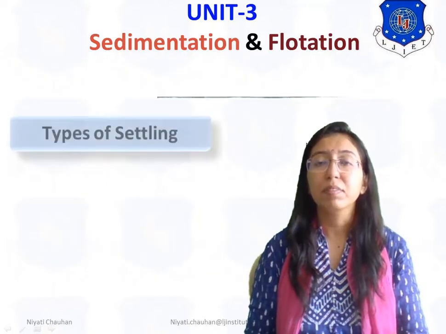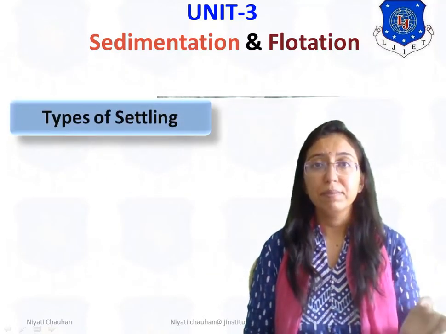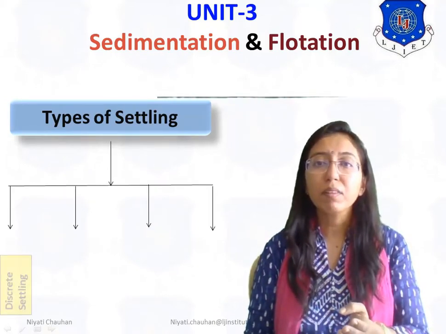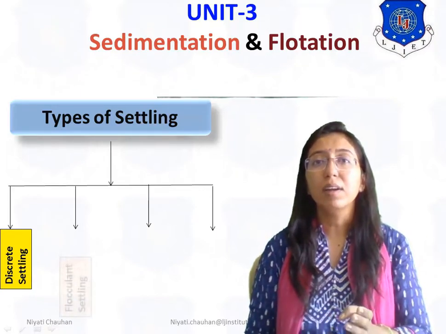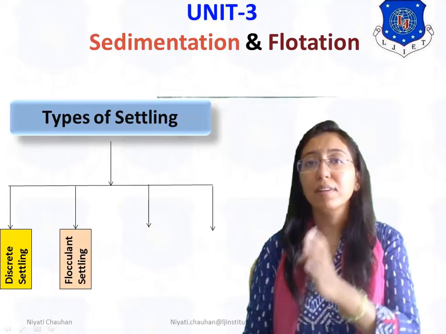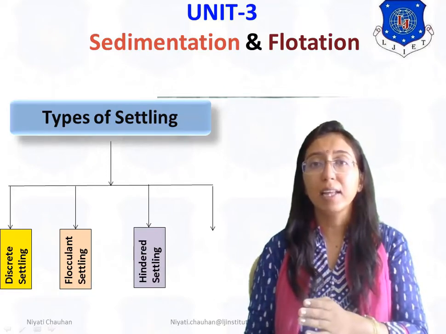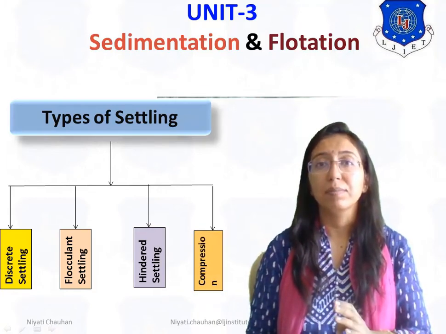Next, types of settling. There are 4 types of settling. Number 1, discrete settling. Number 2, flocculation settling. Number 3, hindered settling. And number 4, compression settling.